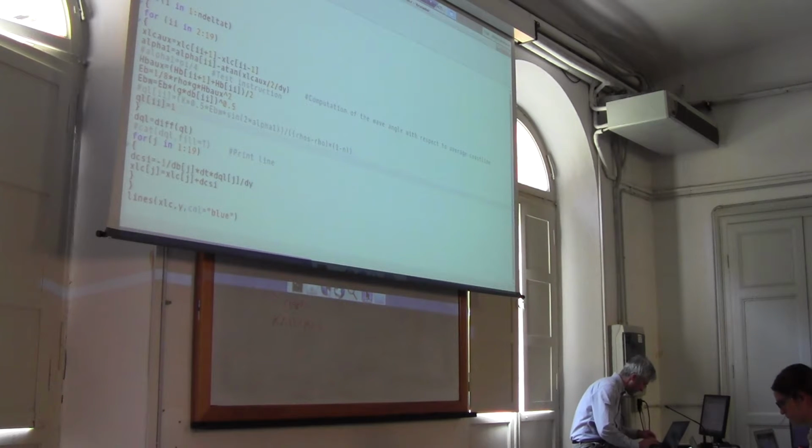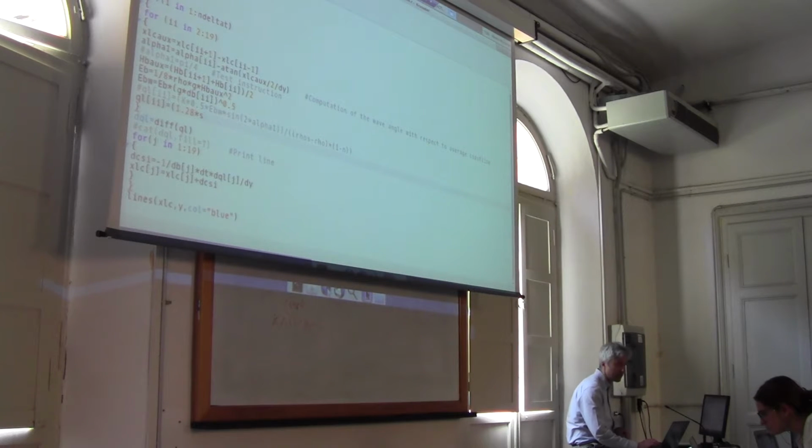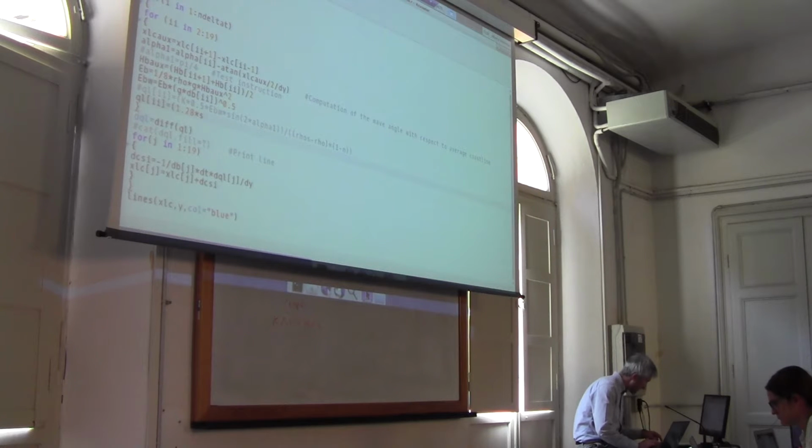So it's equal to an empirical coefficient, which is equal to 1.28 times S, which is the slope of the beach, divided by D50, which is the representative diameter of grains, times HB, the wave height at breaking, to the power of 3.5.